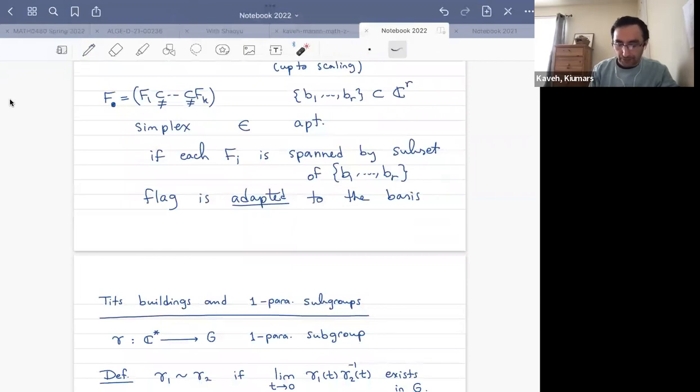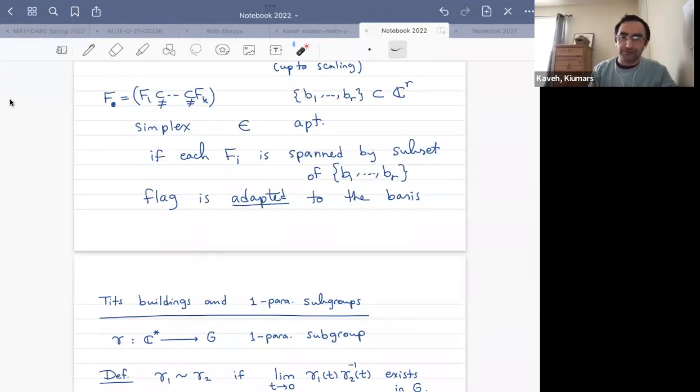So there are r factorial complete flags. Out of a basis, to get a complete flag, you have to consider a permutation of these elements: B1, then inside B1, B2, then inside B1, B2, B3, and so on. Each permutation gives you a complete flag.